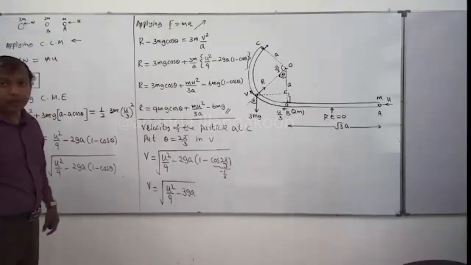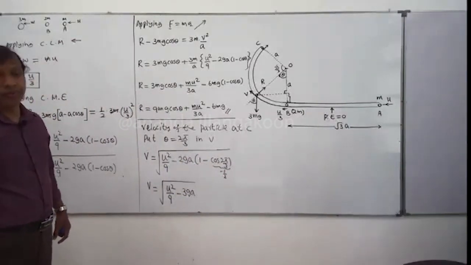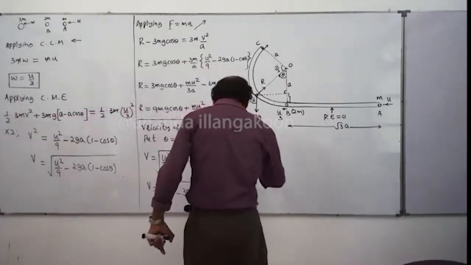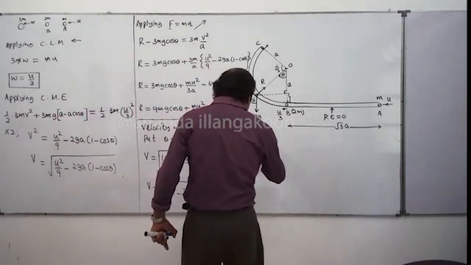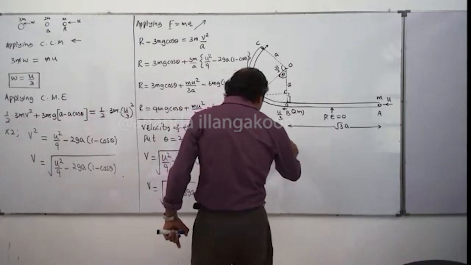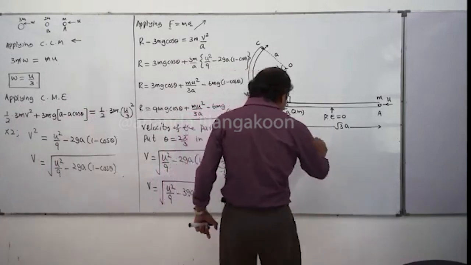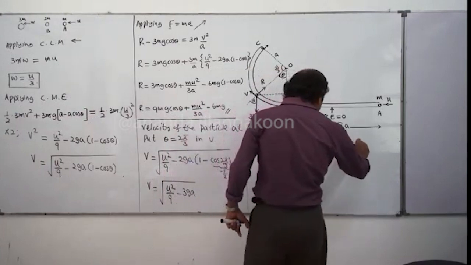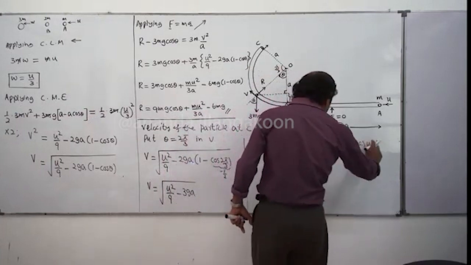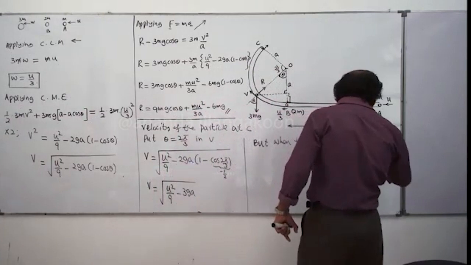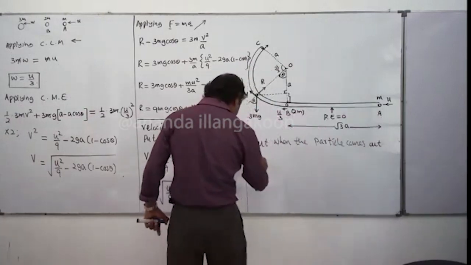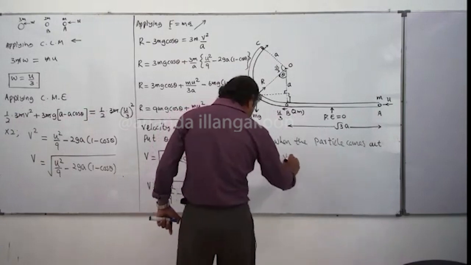But when the particle comes out from C, v should be positive.